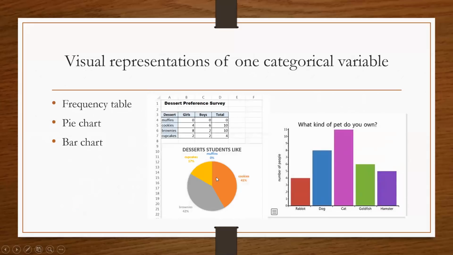Then you've got the pie chart here, which is sectioned off into parts of the circle showing what percentage responded with that given response. And then you've also got the bar chart over here, showing what kind of pets you have and who said they had them.